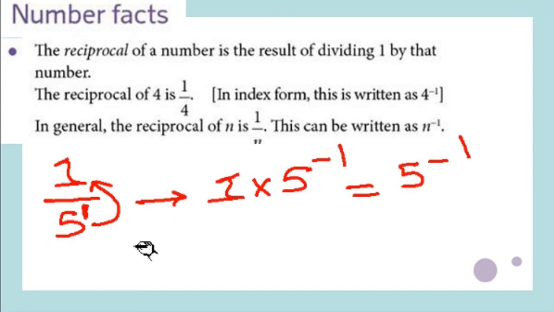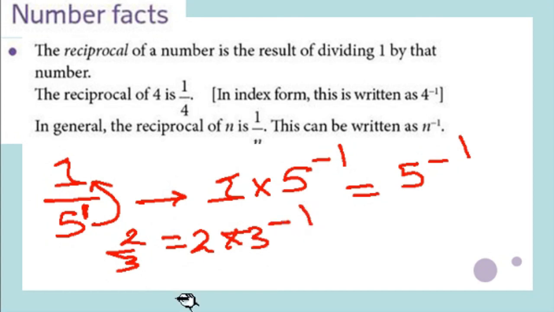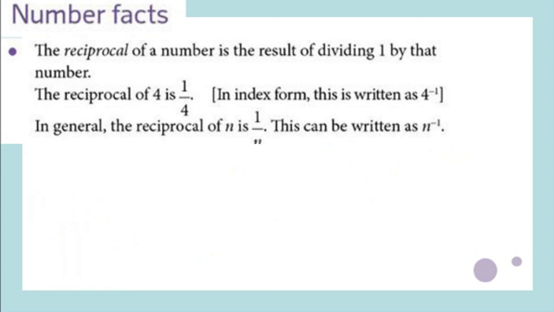For example, another example for you, 2 over 3. I can make it 2 by 3 power negative 1. But how do we use it in some questions? For example, 3 power 3 over 3 power negative 2.